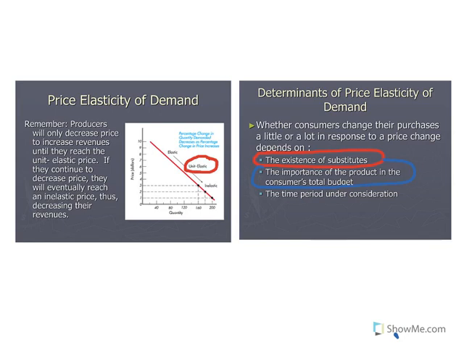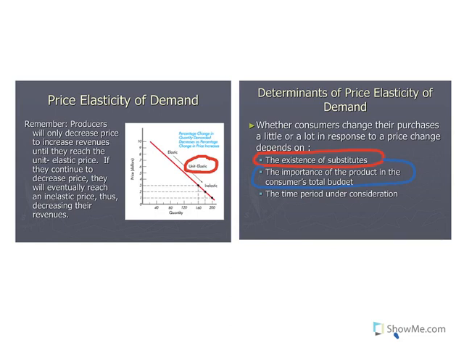However, think of something like coffee. Coffee constitutes a very small portion of your household's total budget. Therefore, if there was a 1% increase in the price of coffee, it probably wouldn't have any effect on the quantity of coffee that you purchase. So again, the larger the share of your overall budget a product constitutes, the more elastic your demand becomes for that good.